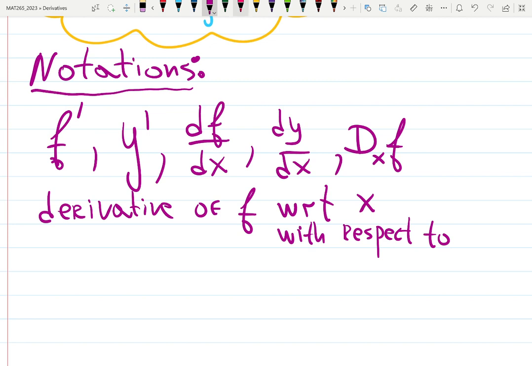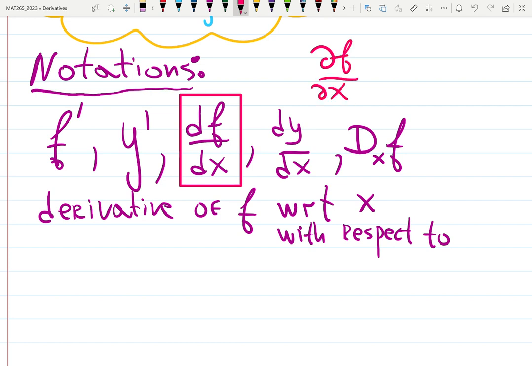I never saw it in the books for many years until I came to the United States and they have it here. But just for you to know, not to be surprised, this is the most important, and we're going to use y prime, f prime for speed purposes. So that's the same thing. That's called the derivative. We're going to learn partial derivatives in calculus 3 with a cute little circle, df dx. That's going to be in calculus 3. It'll be very pretty.